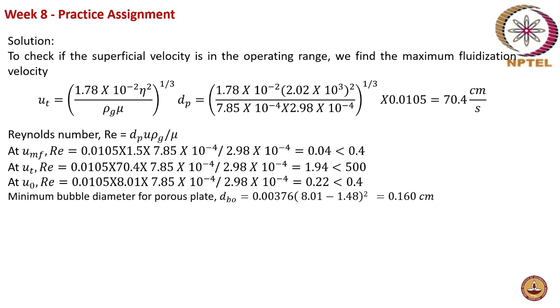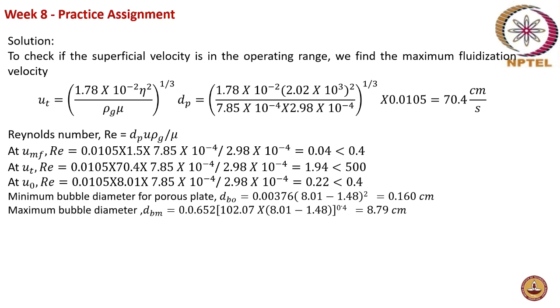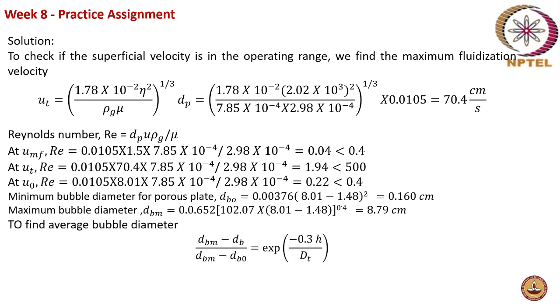For the porous plate, as in the previous question, the expression is dB0 equal to 0.00376 (u0 minus umf) whole squared. With this we find the minimum bubble diameter to be 0.16 centimeter, and the maximum bubble diameter dBm is equal to 0.652 into (area of cross section multiplied by (u0 minus umf)) whole power 0.4, which is equal to 8.79 centimeter.